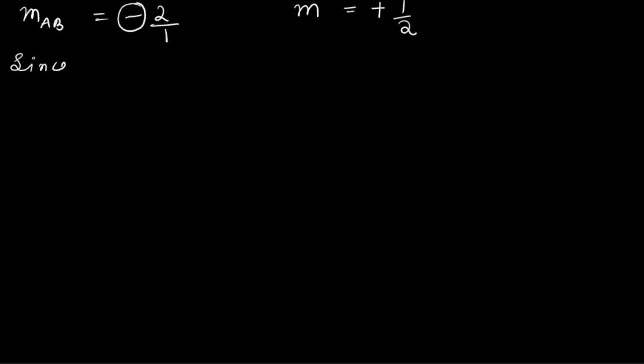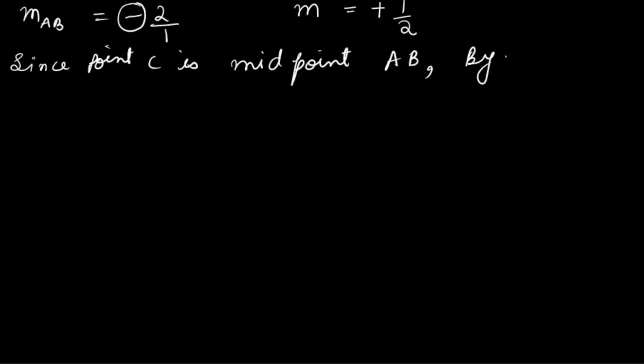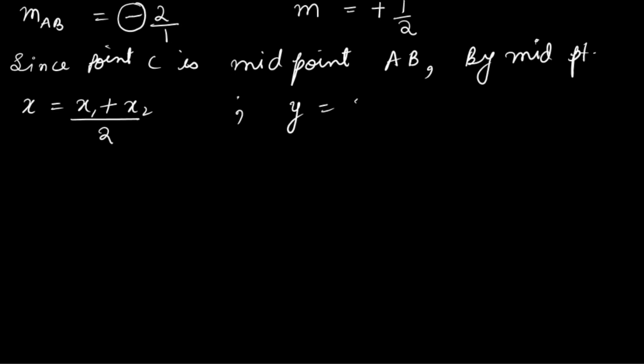Since point C is the midpoint of line segment AB, therefore by the midpoint formula, the x coordinate is equal to x1 plus x2 by 2, and the y coordinate of point C is equal to y1 plus y2 by 2.